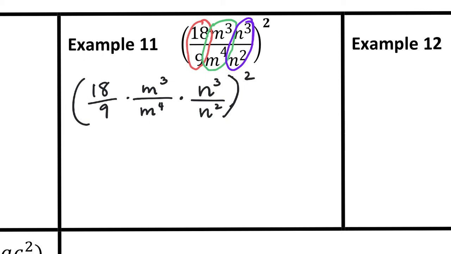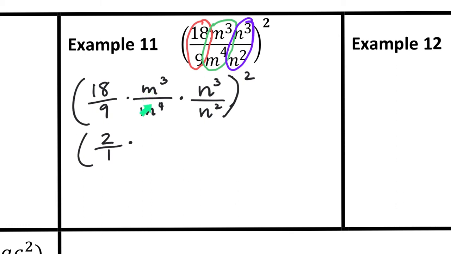Okay, so let's simplify. 18 divided by 9 is 2. And remember, if we have a whole number, it's assumed to have a 1 underneath.